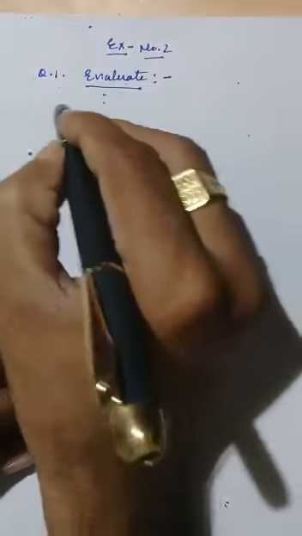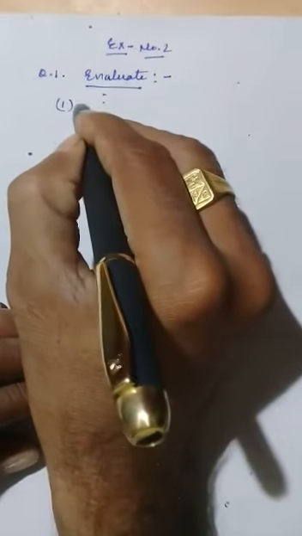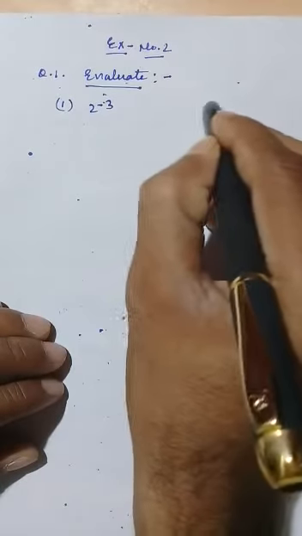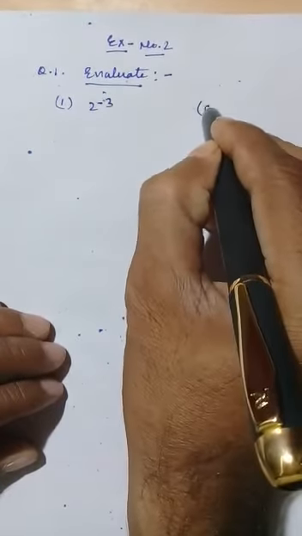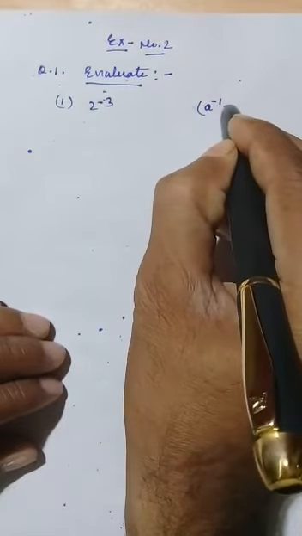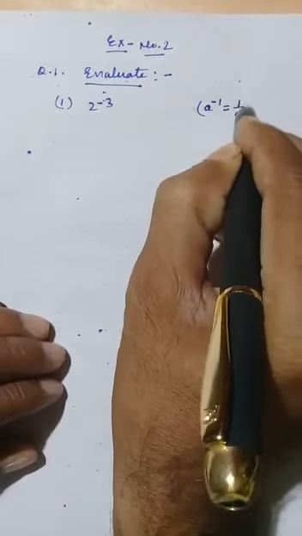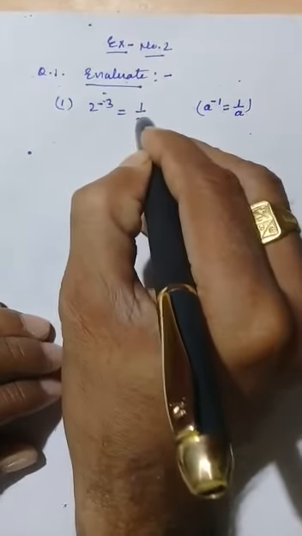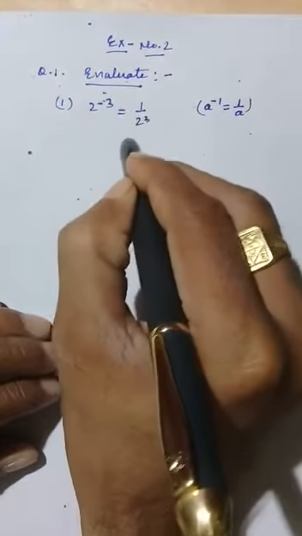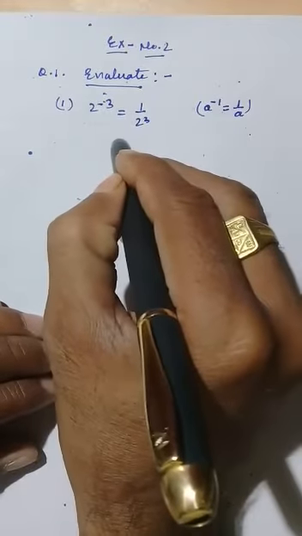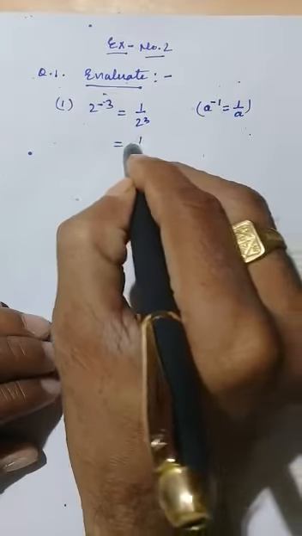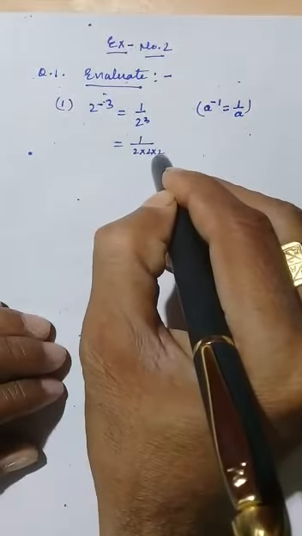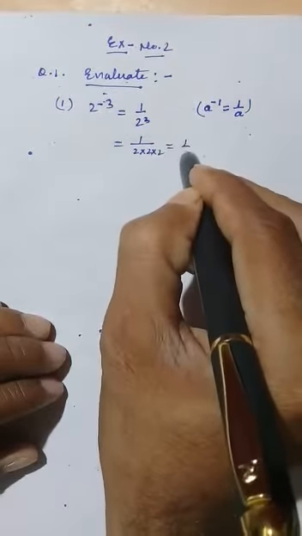Let me do the first part. 2 to the power minus 3. As I explained, if the power is negative, then we have to take the reciprocal. So it will be 1 by 2 to the power 3. Further, it will be 1 by 2 into 2 into 2, which is equal to 1 by 8.